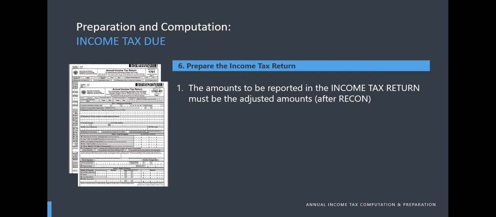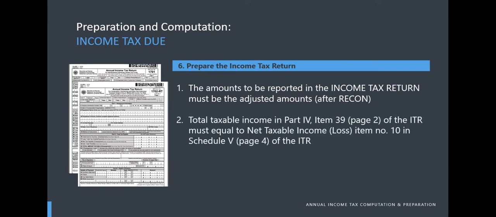In schedules 1, 2, 3 of the latest income tax return, the amount that the taxpayer must put in the return is already the adjusted amounts. So that is the taxable and tax deductible amounts or expenses.